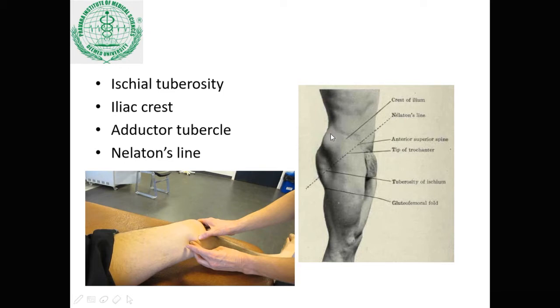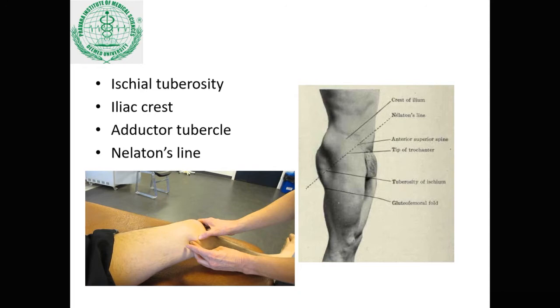Then what is Nelaton's line? When you join the anterior superior iliac spine to the most prominent part of the ischial tuberosity, this line crosses the apex of the greater trochanter and the center of the acetabulum.